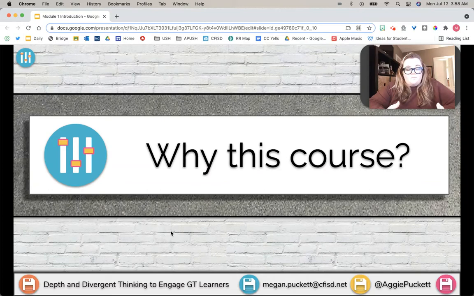And then, again, the depth and divergent thinking to engage gifted learners. One of the things I hear a lot is, well, this kid must not really be gifted because they're making C's in my class. That kid probably has a lot of other things happening, but they are a gifted child. And sometimes we write kids off.